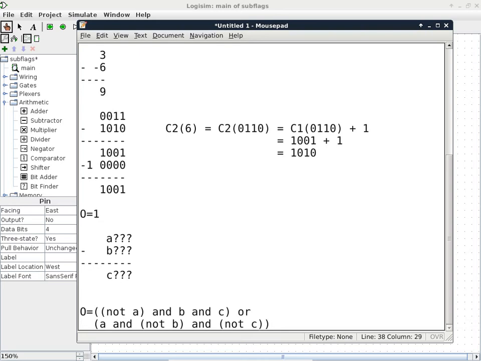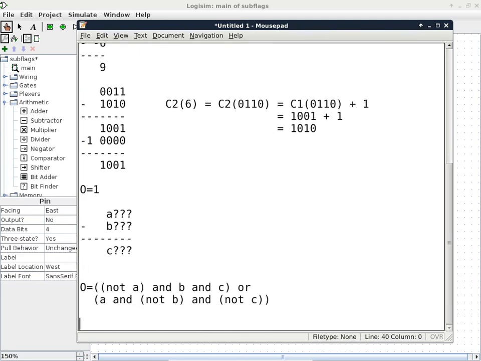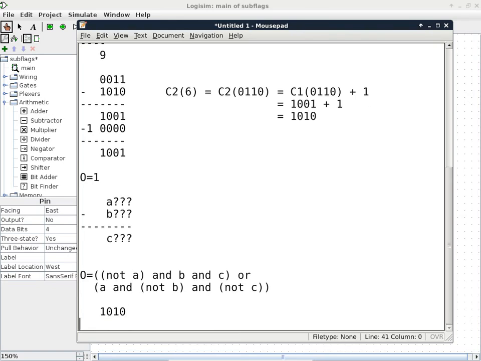But in this case, the sign also does not make sense. Let me give you one example to illustrate this one. So we start off with a negative number. Let's say we start off with -6, which is 1010. We did that earlier. And let's say we subtract a non-negative value from it. Let's say 0011. We're subtracting 3 from -6.